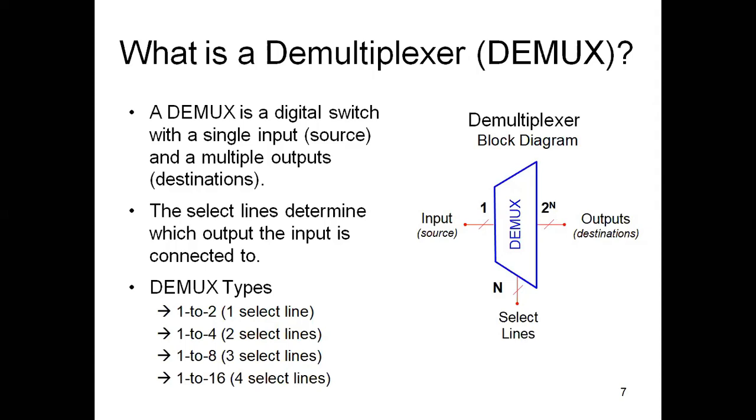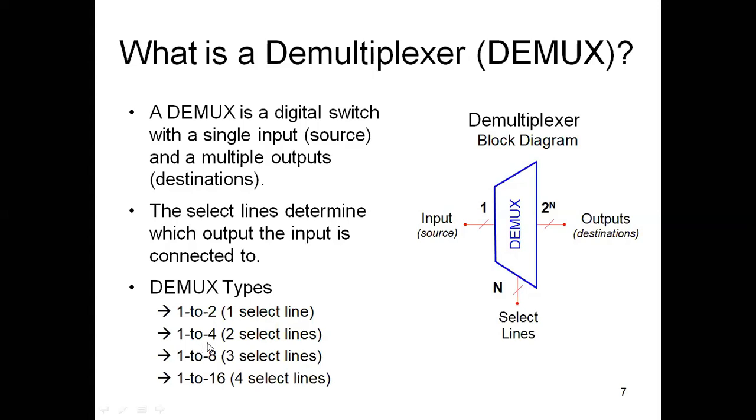For example, take a 1 to 4 demultiplexer. It takes only one input as the source, and it produces how many outputs? 4 outputs.